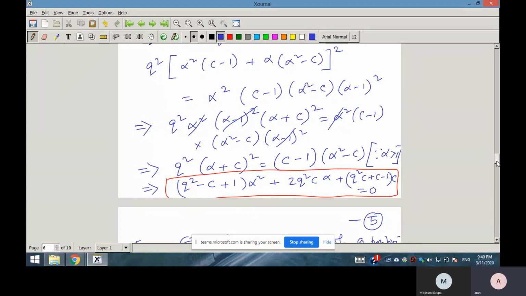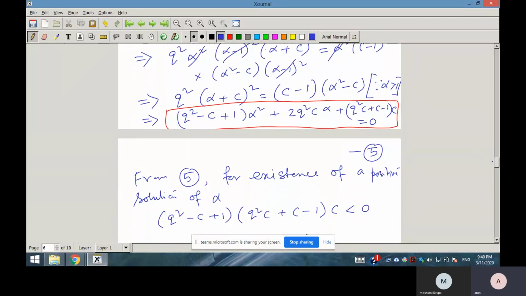This is an algebraic quadratic equation, for the solution of this quadratic equation, alpha should be greater than 1. That is very important. What is the condition? So this is the condition: Q square minus C plus 1 into Q square C plus C minus 1 into C less than 0. That means ax square plus bx plus c.